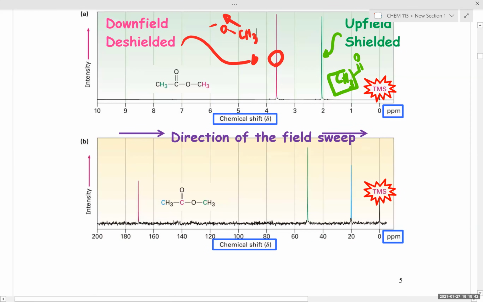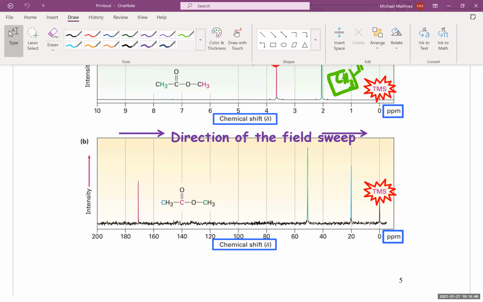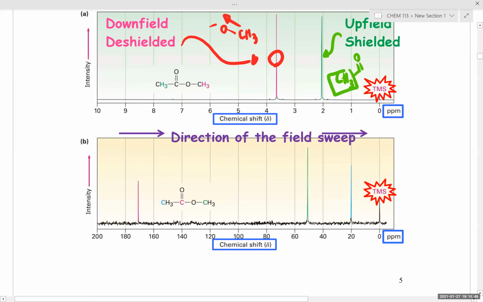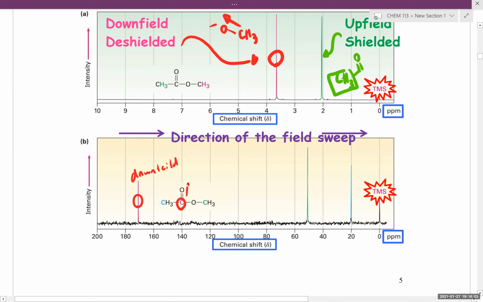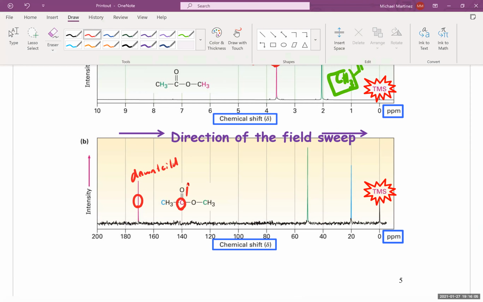So you can also see this effect for carbon nuclei. If we look at the carbon-13 nuclei, we also have downfield carbon nuclei. This is the carbon directly attached to our very electron withdrawing carbonyl functionality, and carbons that are upfield.